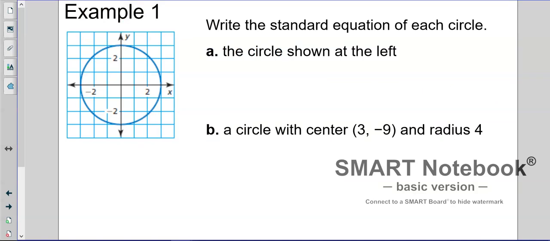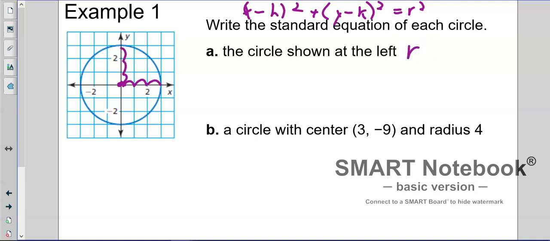So, write the standard equation of each circle. I like to always start by writing my formulas somewhere where I can access them and just get in the habit of it, because it ingrains the formula and also it's a good reference point. Write the standard equation of each circle, the circle shown at the left. Here's my center. My radius is 1, 2, 3. 1, 2, 3.